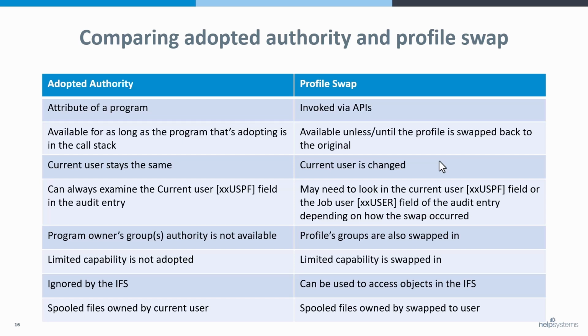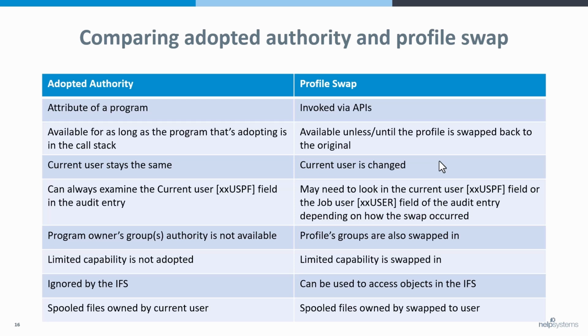And then lastly, and this is something we'll go into deeper in this next section, with spooled files, when you adopt an authority with a program, because the user hasn't changed in the job, any spooled files that are created during that job are owned by the current user. However, when you use a profile swap, if during that swap spooled files are generated through whatever means, those spooled files are owned by that swapped in user.